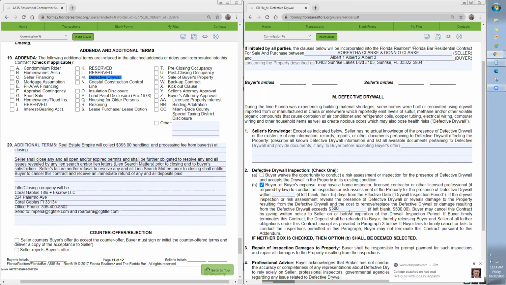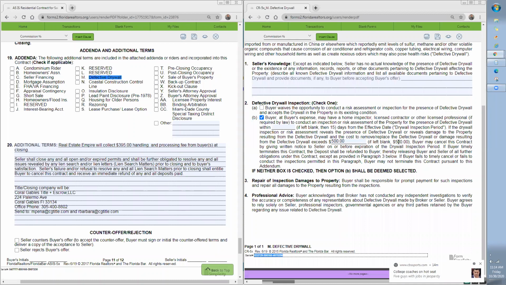If you leave it blank, it's going to be $500 automatically. So now that we know that that part of the house has defective drywall and it's going to cost $2,000 to fix, now we're telling the seller, hey, we're not about to spend $2,000 on this property to fix the drywall. So we want out of the contract, and this is the reason why, we have proof that it's defective drywall, right?